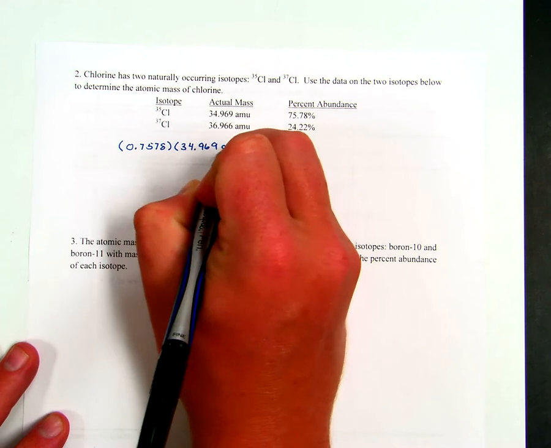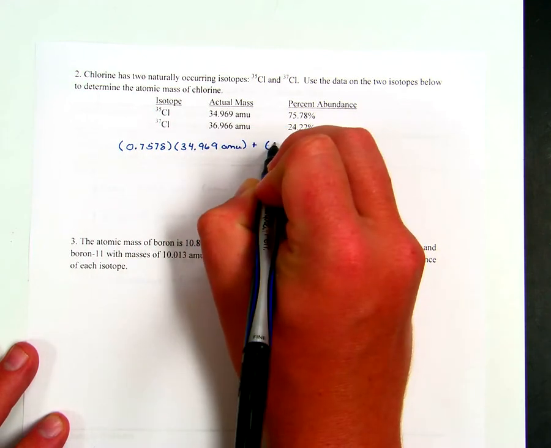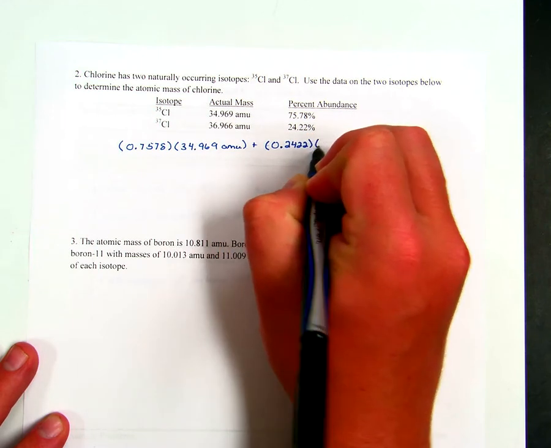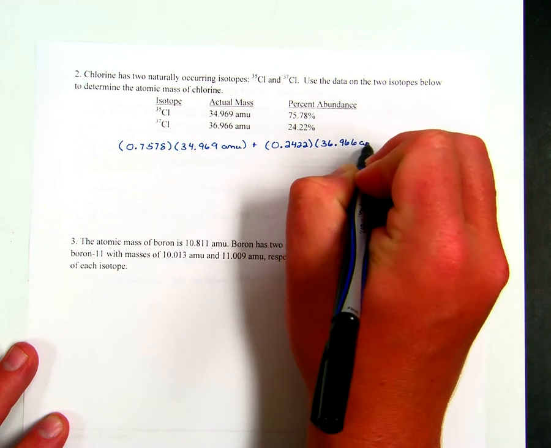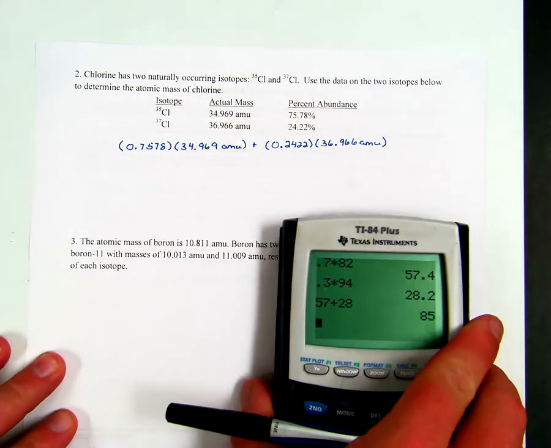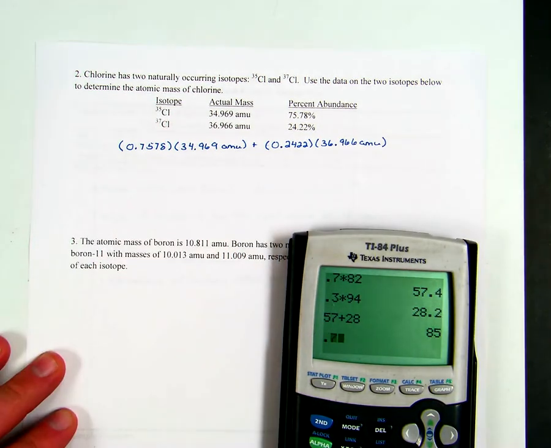And I will add to that the same thing for the other isotope, 0.2422 times 36.966 AMUs. Again, when you plug this in your calculator, you do want to do the individual multiplications first, because the sig figs you need to round there first and then do the addition.